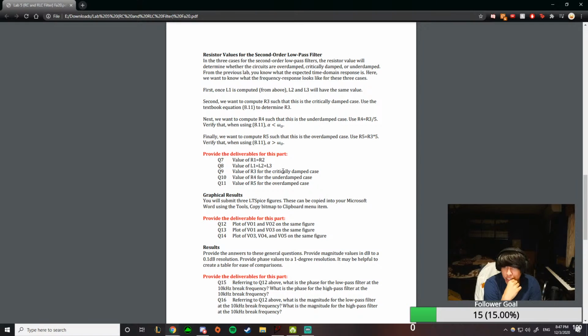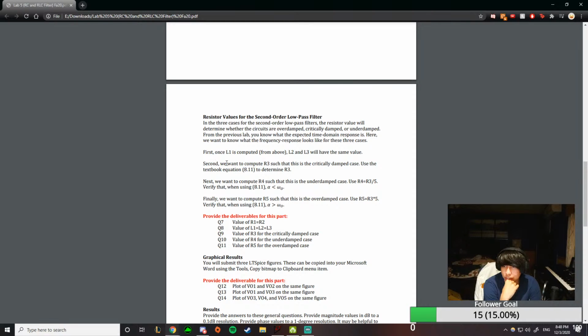Value of R3 for the critically damped case. Okay, how do we do that again? Use the test equation to determine R3. What? Use equation 8.11 to determine.